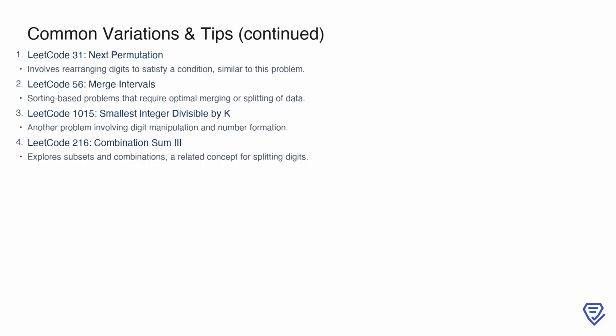LeetCode 1015, Smallest Integer Divisible by K, involves digit manipulation and number formation, tying into the logic of rearranging digits efficiently. Lastly, LeetCode 216, Combination Sum III, focuses on generating subsets and combinations, which relates to the idea of splitting a set of digits into optimal groups. These problems reinforce key techniques like sorting, greedy algorithms, and subset generation, all of which are applicable in this context.